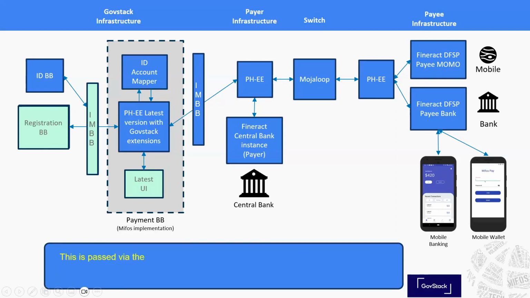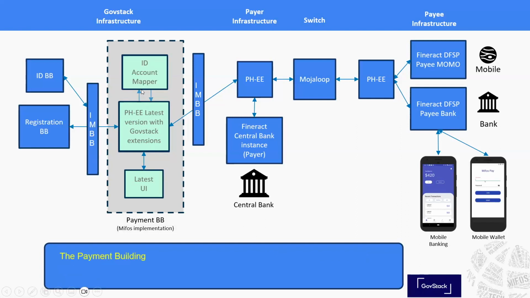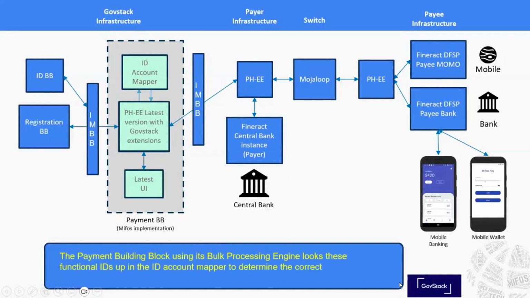Then this is passed via the IMBB to the payments building block, which is the payments hub. It fetches the financial information from the ID account mapper. Of course, the bulk processing engine is involved, which we've not seen. We are just having the bigger picture.